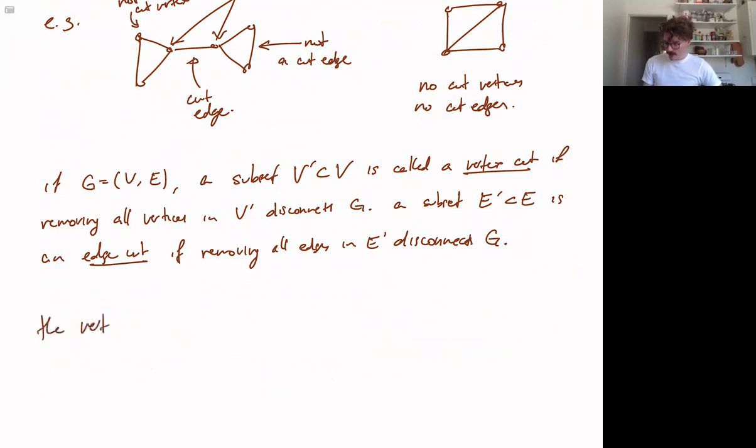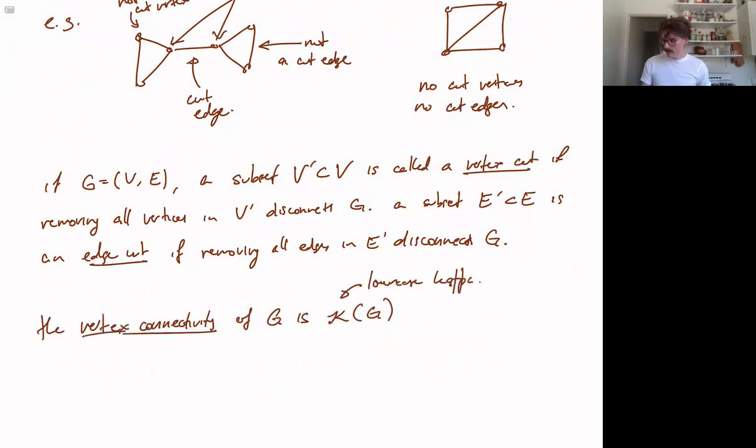the vertex connectivity of G is denoted kappa of G. So this is the lowercase Greek letter kappa, or at least that's how I write it.